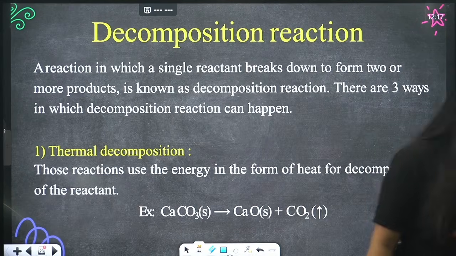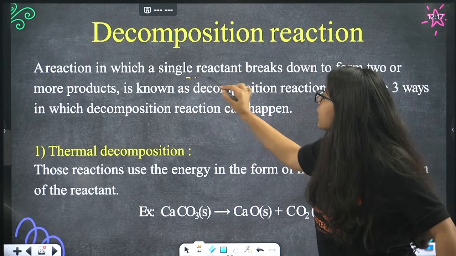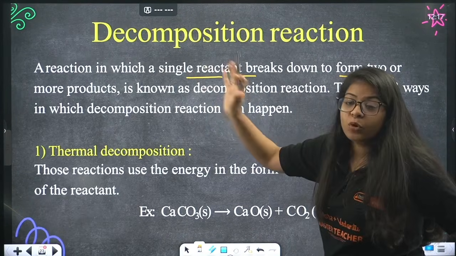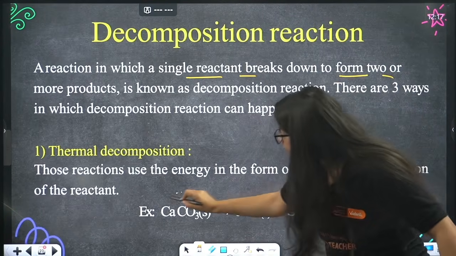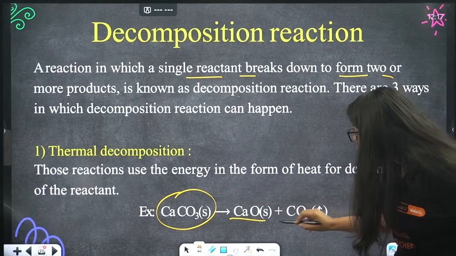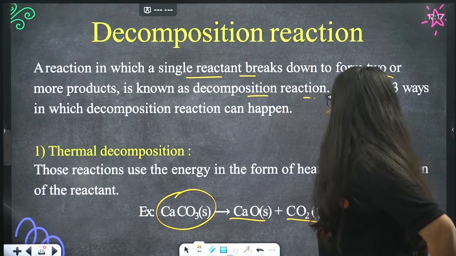Done? So what is happening beta? A reaction in which a single reactant breaks down to form two or more products is called decomposition reaction.